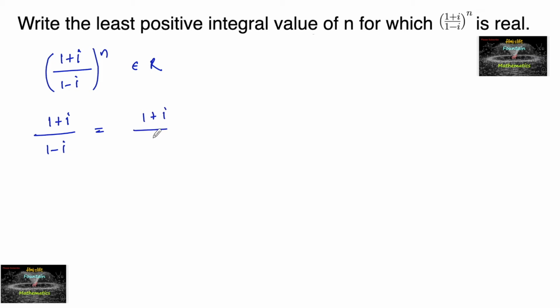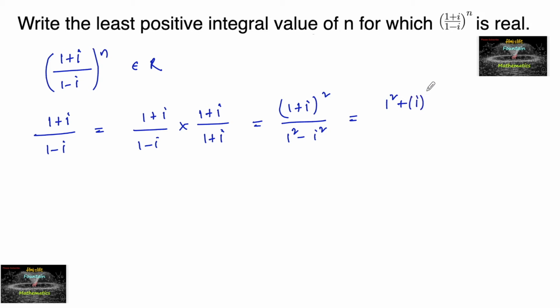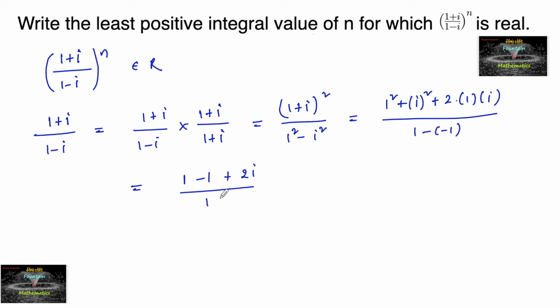We can write 1 plus i upon 1 minus i, multiplying and dividing by its conjugate 1 plus i, which is equal to (1 plus i) whole square upon (1 plus i) into (1 minus i), that is 1 square minus i square. (1 plus i) whole square is 1 square plus i square plus 2 into 1 into i, and i square is minus 1, so the numerator is 1 minus 1 plus 2i, and the denominator is 1 minus of minus 1, that is 1 plus 1.